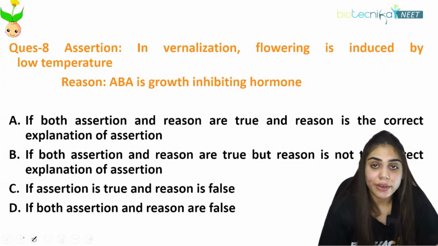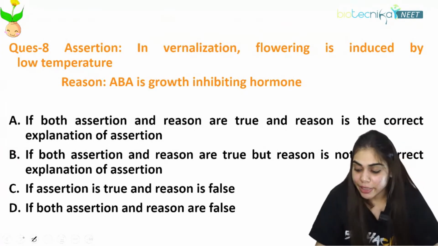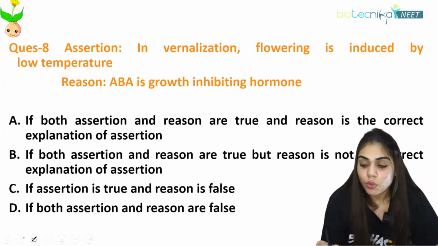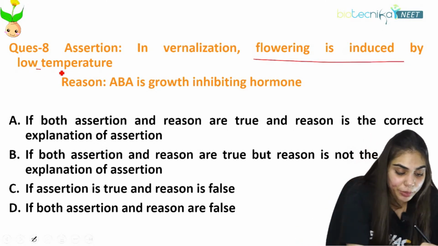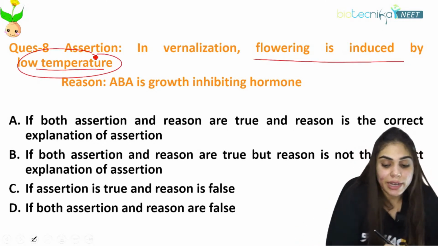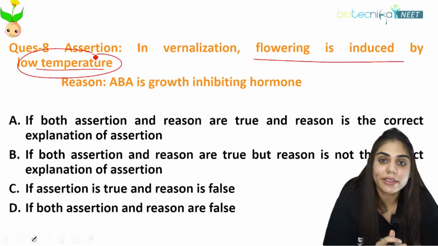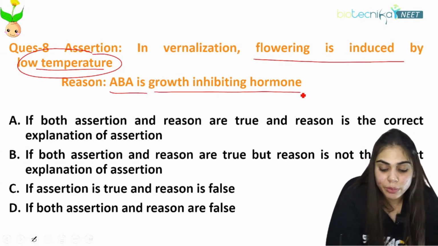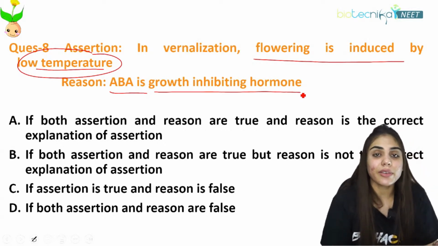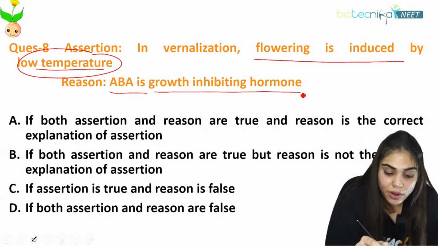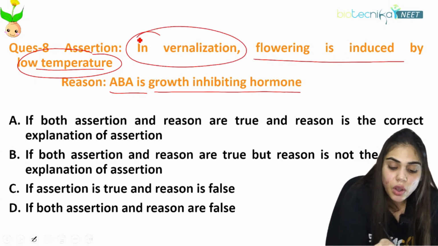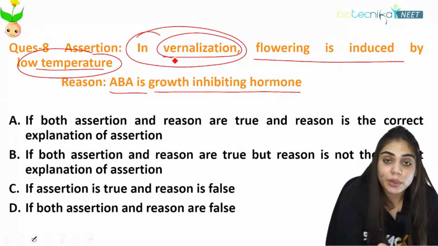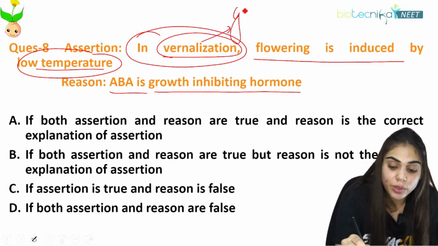Assertion and reason type question. Question number 8. In vernalization, flowering is induced by low temperature. Low temperature means vernalization, so we all know that flowering is induced by low temperature. Reason: ABA is a growth inhibiting hormone. This is not the reason for this assertion, because sentence 1 is talking about vernalization, which focuses on the substitute of vernalization, that is gibberellic acid.